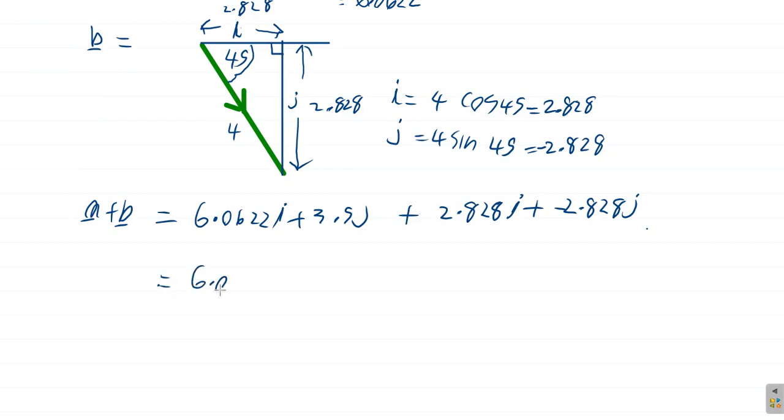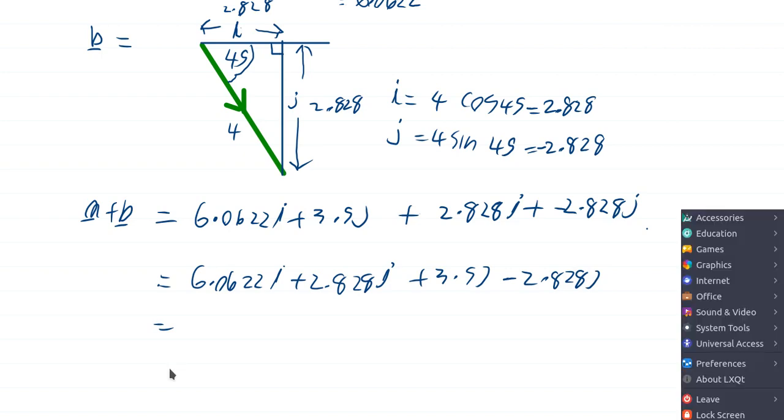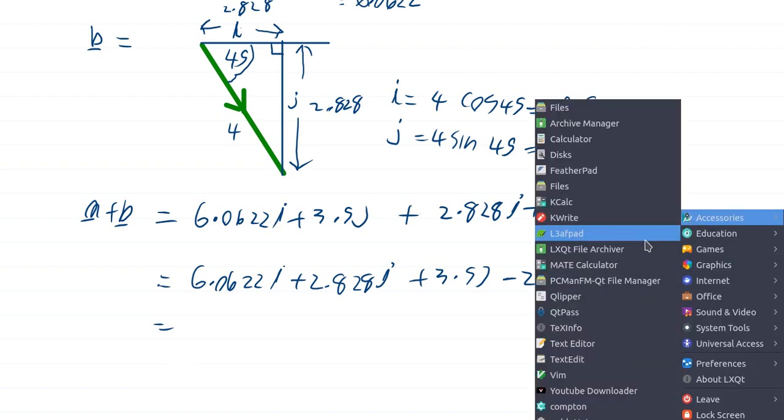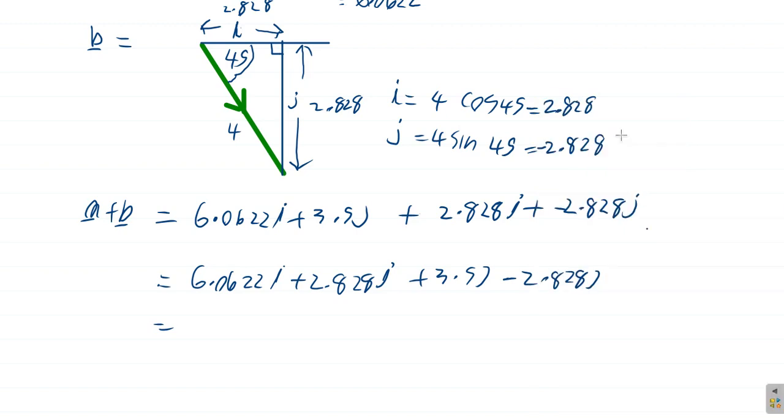Alright, so you're going to add all the i's and all the j's together. That equals 6.0622i plus 2.828i plus 3.5j minus 2.828j. We're adding up all the i's.